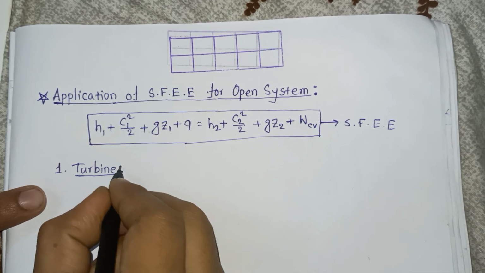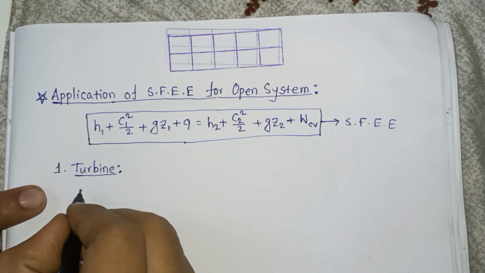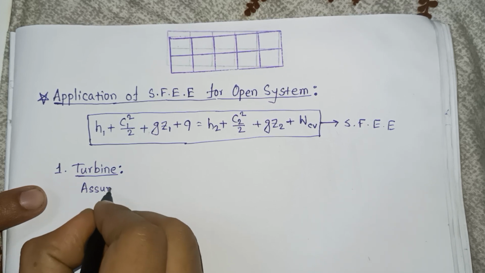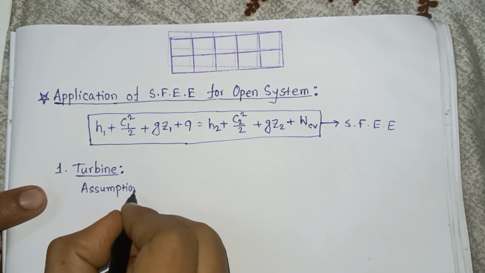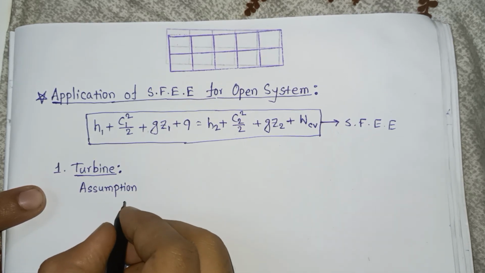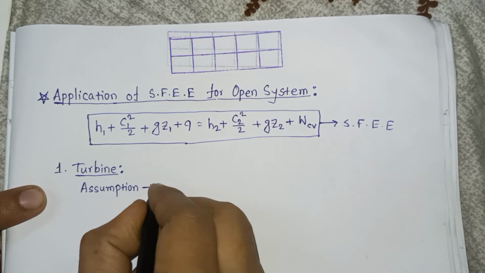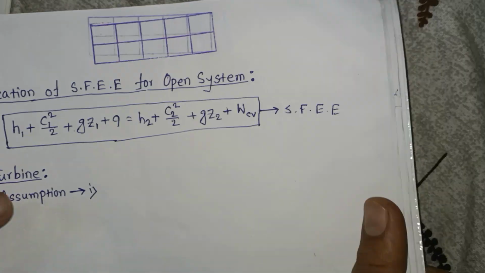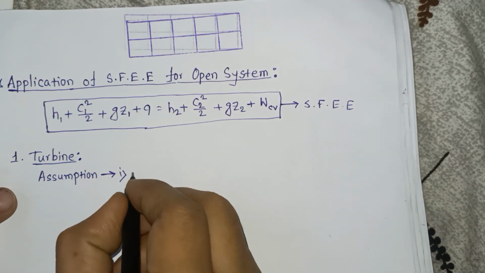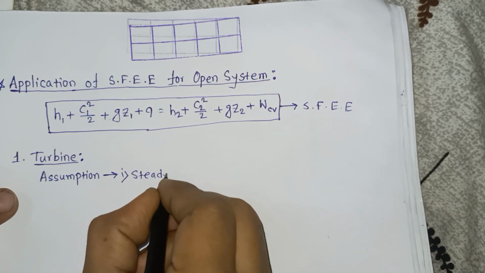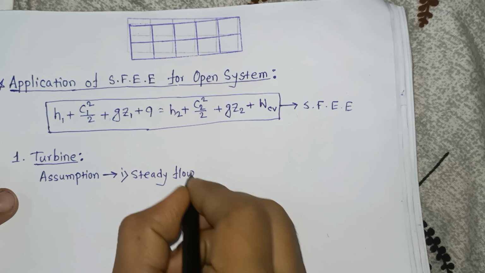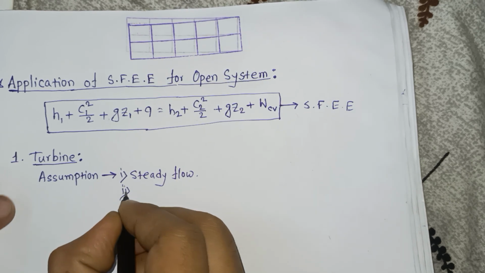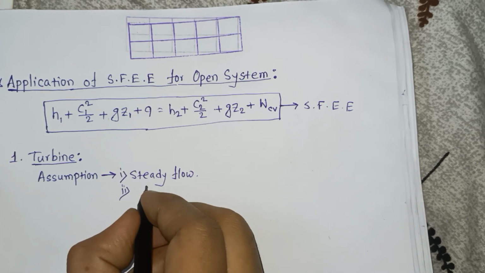When you consider a turbine, there are some assumptions. You should remember some assumptions for turbine. What are those assumptions? First, this must be steady flow. Second assumption is that it is perfectly insulated.